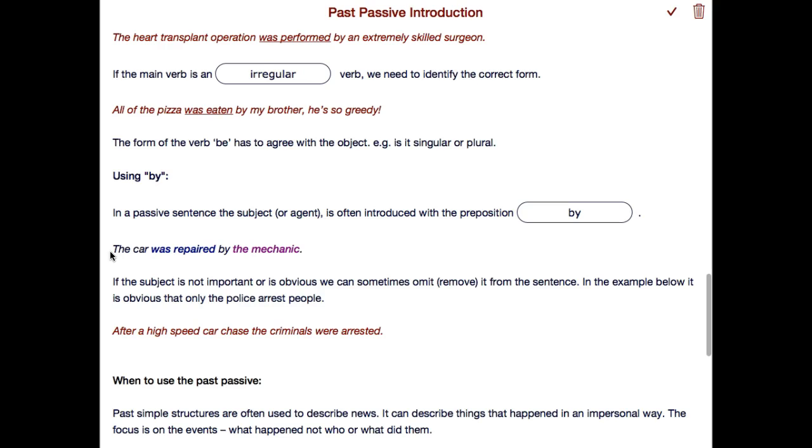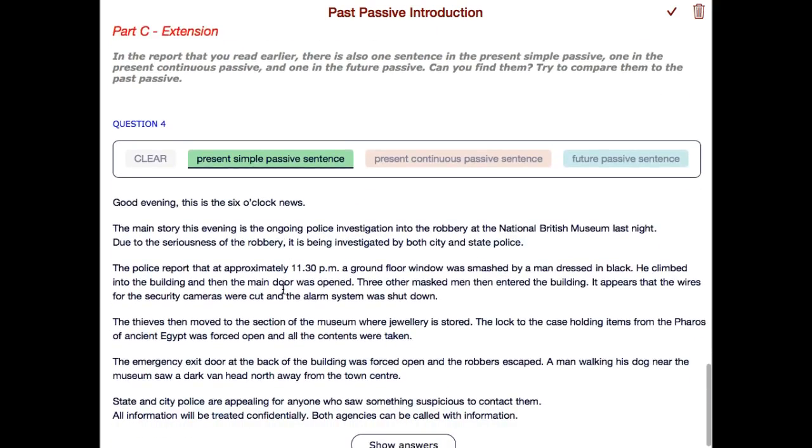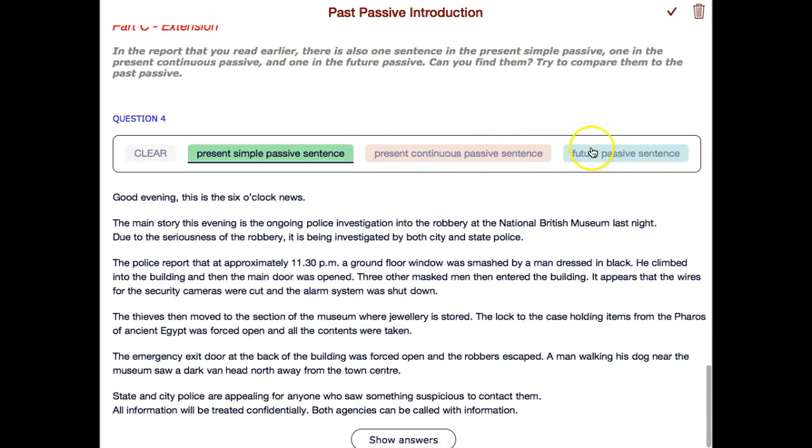Regardless of whether it's in the past tense, the present tense, the future perfect tense, any tense, the passive keeps the focus on the object, or on what, it takes the focus off of the person or thing that does the action. Okay? And then down here, we've got this. So we're looking for the present simple passive, the present continuous passive, and the future passive.